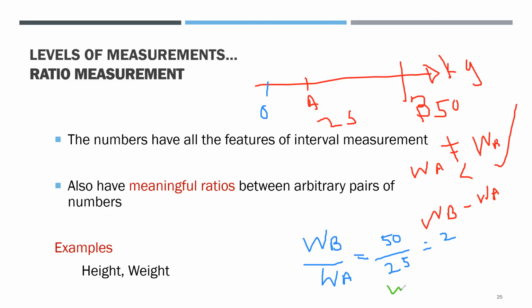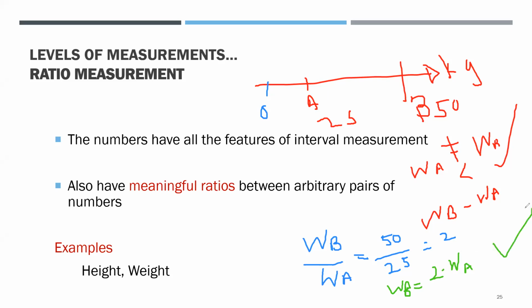So basically you can say WB is equal to 2 times WA. Big weight දෙගුණයක්.